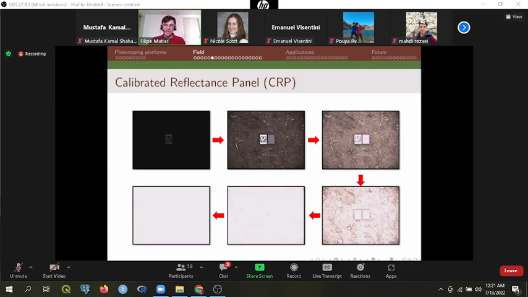Why this is important? For example, imagine a situation when you have a cloud in your field. Do you remember about reflectance? It is the fraction that our sensor can capture compared to the incident radiation.